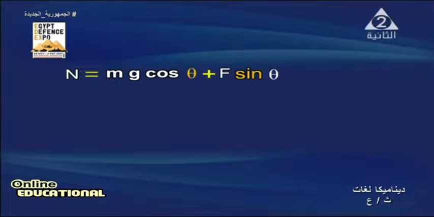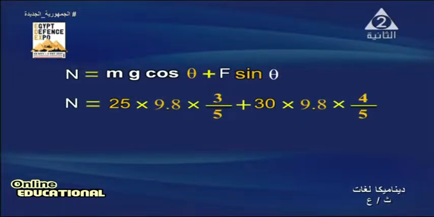Then N equals 25 times g, which equals 9.8, times cosine theta, which equals 3/5, plus the magnitude of F in Newton, 30 times 9.8.